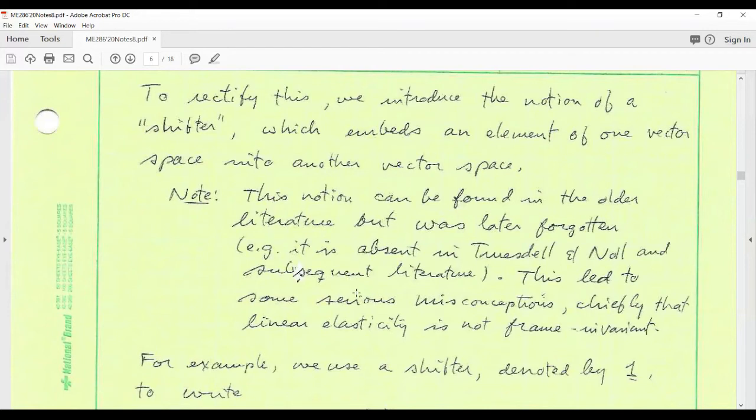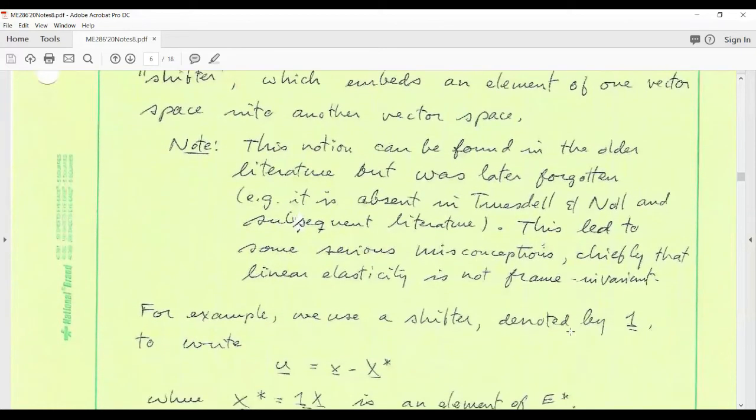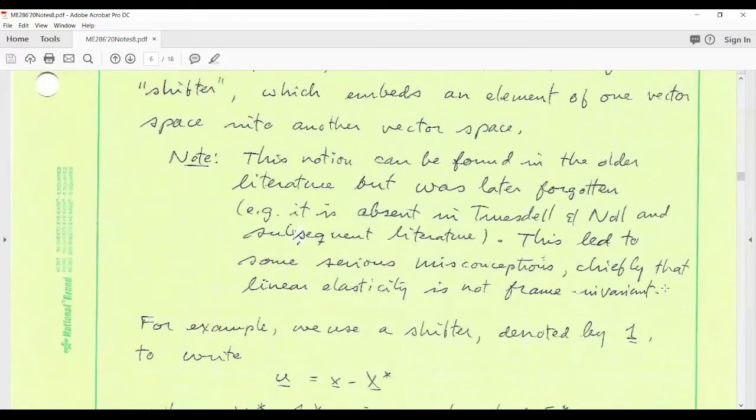And this led to some fairly serious misconceptions. Among them, the idea that linear elasticity is not a frame invariant theory. And that's actually based on a misconception that can be traced to the omission of the essential notion of shifter.